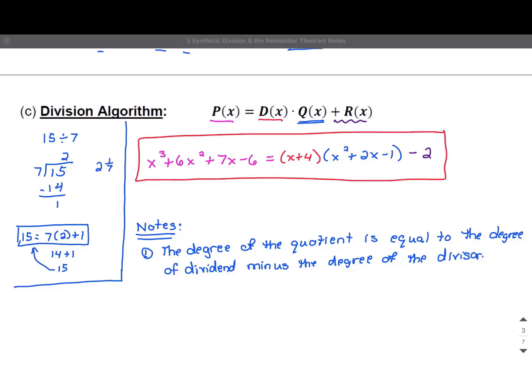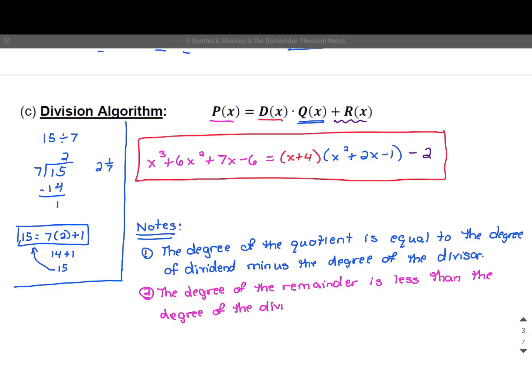The next note is that the degree of the remainder is less than the degree of the divisor, because if it's not less than that, then the divisor can go in again, and you're not done.